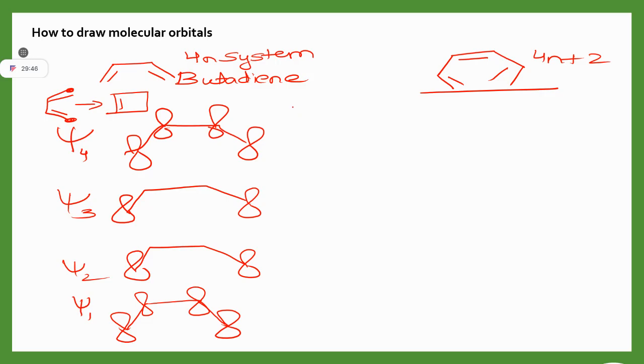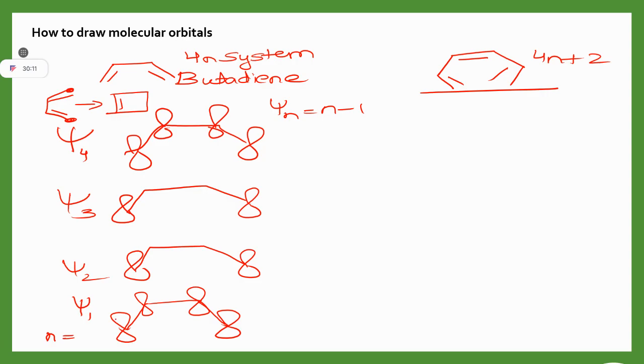So first you should know what nodes are. A node is a region where the probability of finding electron density is zero, right? The formula for nodes is n minus 1. So according to this formula, in the psi 1 wave function, nodes will be 0.